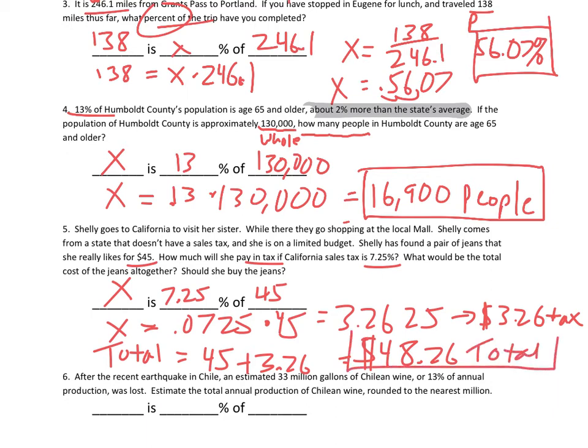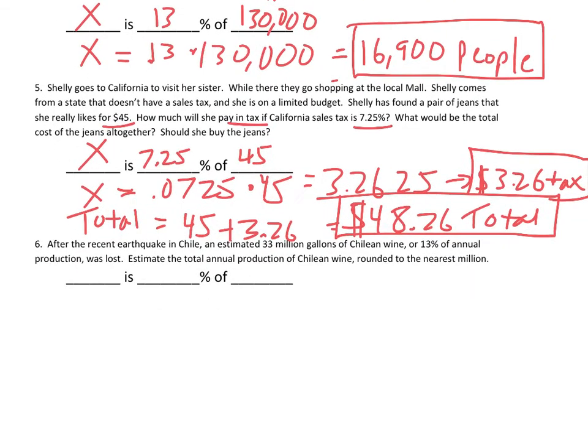So total 48 bucks and 26 cents. Tax $3.26. Okay? Should she buy the jeans? Well, we can't really answer that question. I mean, maybe she should wait till she goes back to Oregon, but she wanted to pay sales tax. I don't know. We won't worry about that question.